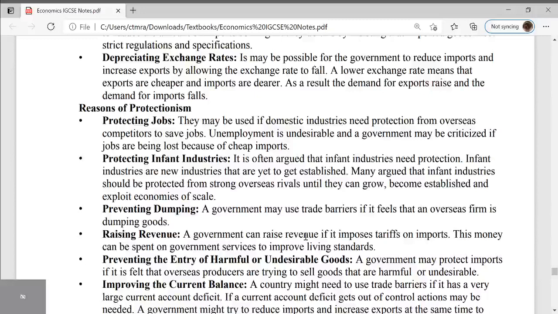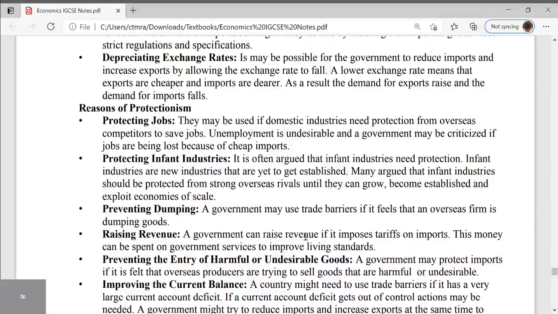Next is preventing dumping. So dumping is illegal in international trade. It means that like selling goods and services to another country which is below the production cost. Okay. So if foreign firms are selling at a cost which is below the production cost, then definitely it's a loss, right?